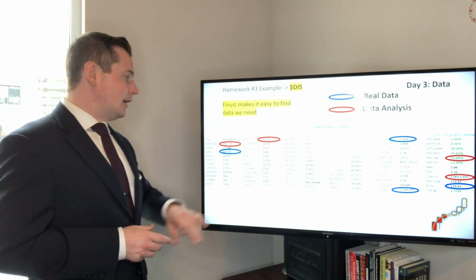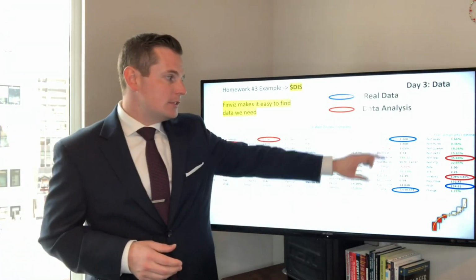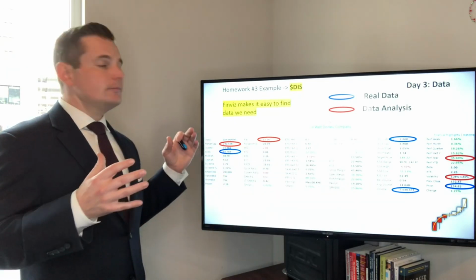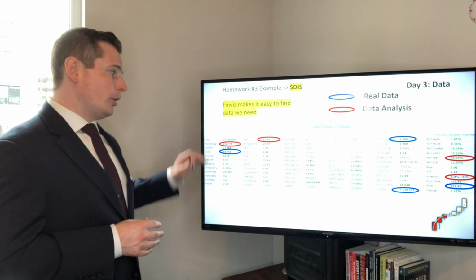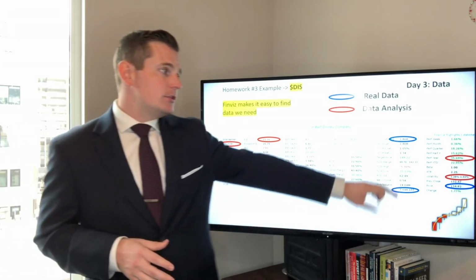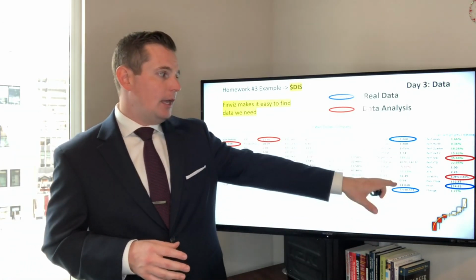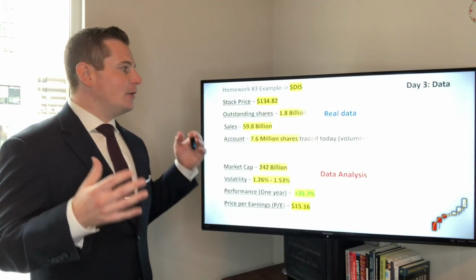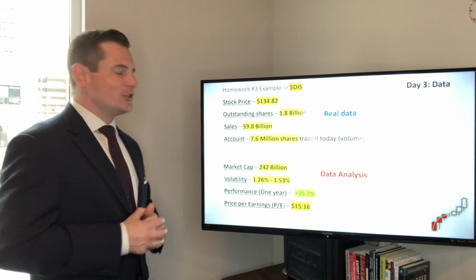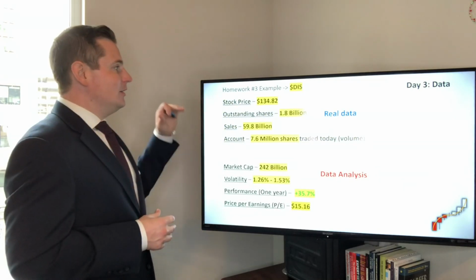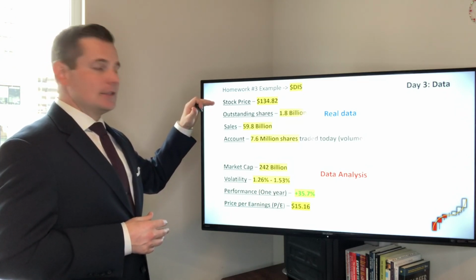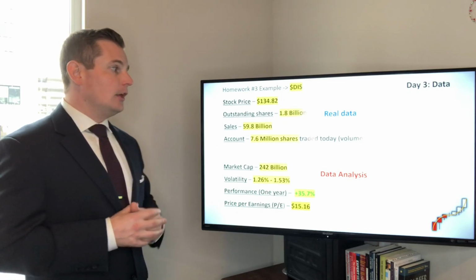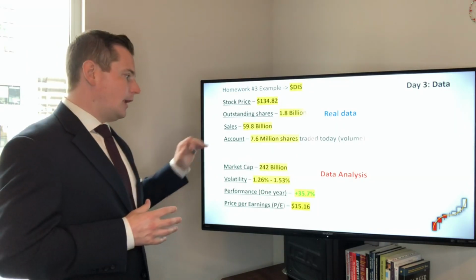And the real data, I could find that the sales were here, shares outstanding here, volume here, and the price is over there. And then the data analysis, here's the market cap, here's the P to E, here's the performance on the year, and the volatility. So that's where all the numbers are. And putting it into our Sosa MVP, I put in the stock price that day, I put in the outstanding shares, I put in the sales, I put in the volume traded that day, the accounts.